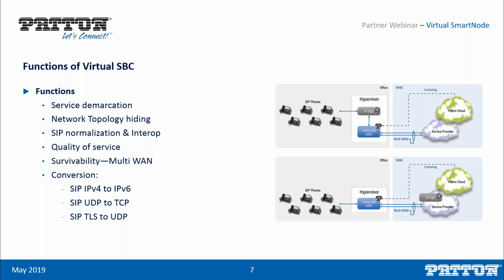We have a long list of interop tests with different PBX vendors and SIP phones. And the others: quality of service, the survivability I just mentioned, and conversion functions such as translating one SIP dialect to another, or even converting from IPv4 to IPv6.